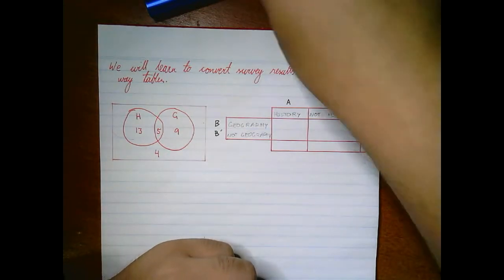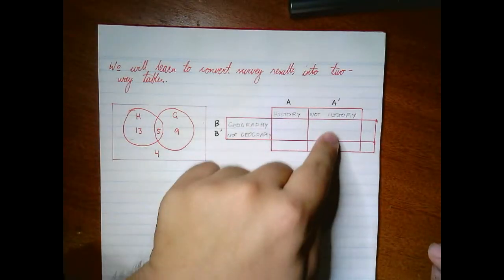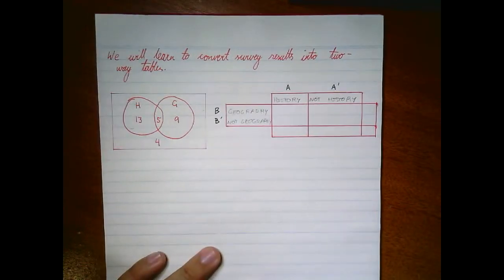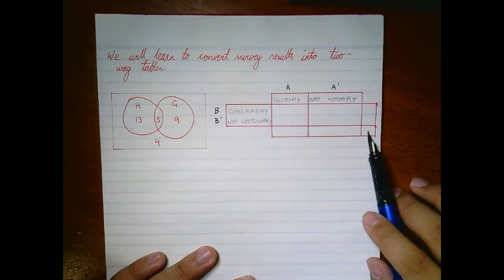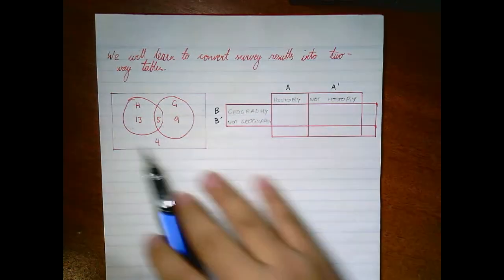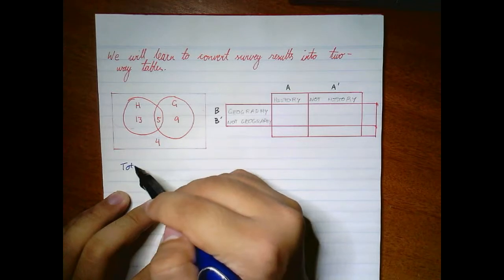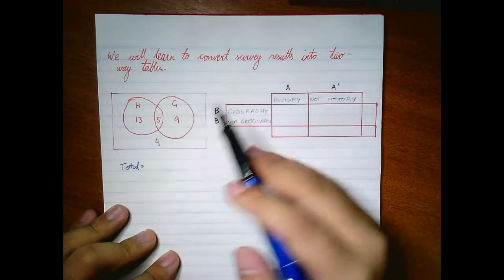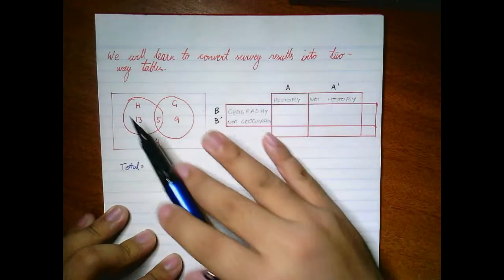Now it's just a matter of placing numbers into each of these six boxes. The easiest one we can do is our grand total, which belongs here. How many students were surveyed in this survey? The total wouldn't be every single number here, because it's everyone inside the rectangle.